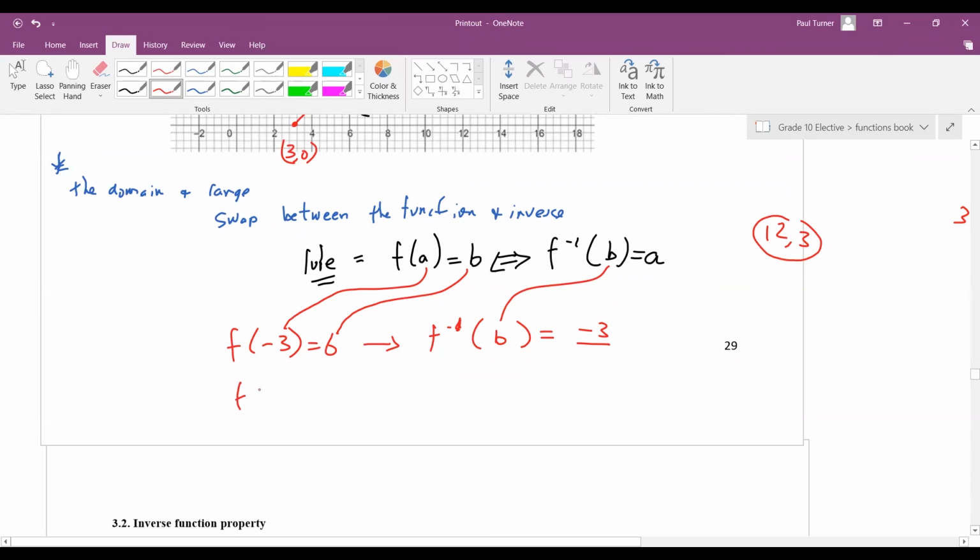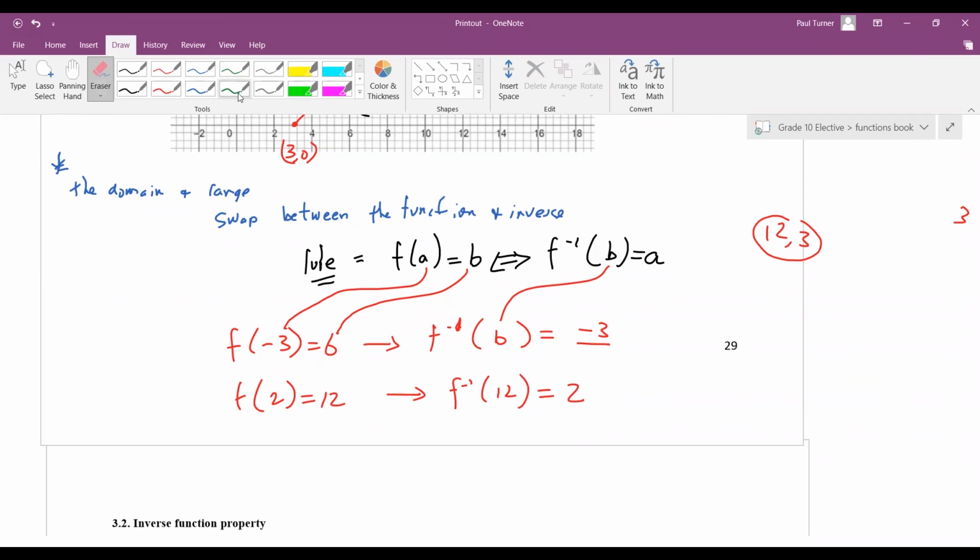So if you have f(2) is 12, that means if you put 12 into your inverse, you'll get 2 as the output. I don't need a bracket there, that one. So if you put 2 in your function and get 12 as the output, if I put that 12 into my inverse, I'll get 2 out.